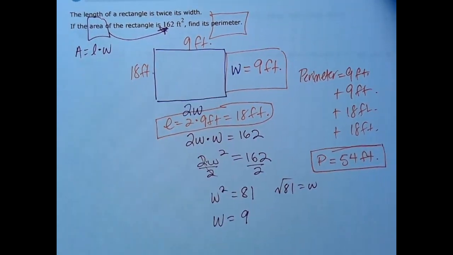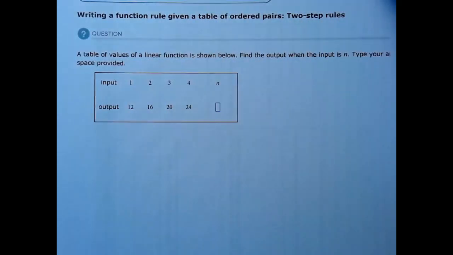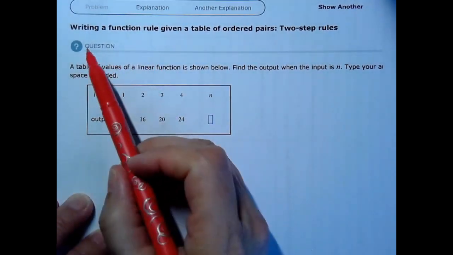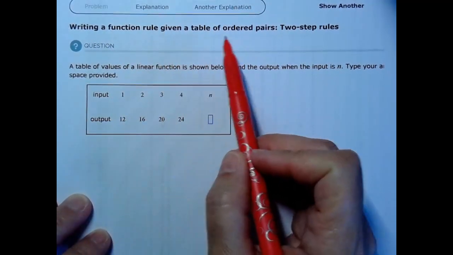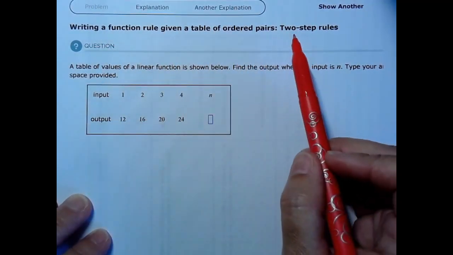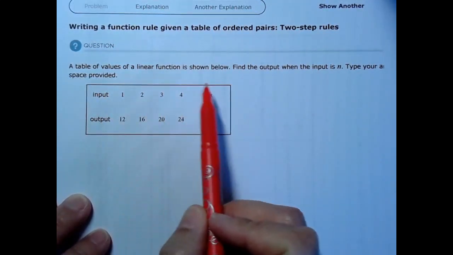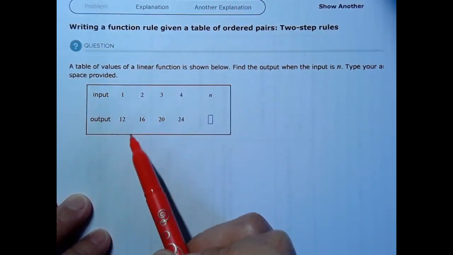Okay, let's look at another type that I've noticed in the homework that a lot of students are getting. The title of this one is writing a function rule given a table of ordered pairs, two-step rules. You'll notice you have an input-output.